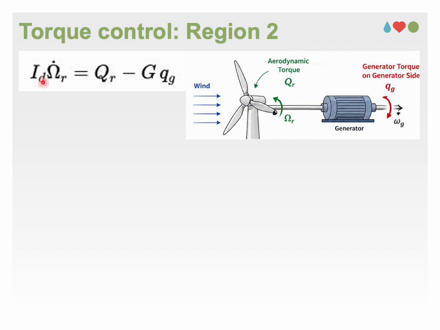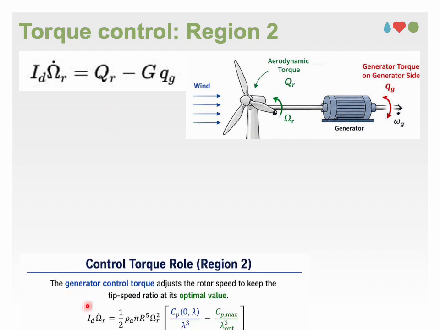In the absence of loss mechanisms, including, for example, losses in the gear transmission system for the rotor generator system, as shown in this figure, we have this relation. Now, if we insert the aerodynamic torque at the optimal tip speed ratio and Qg for the optimal tip speed ratio condition estimated in the previous slide, we get the dynamic equilibrium of the rotor speed as shown in this equation, and then this equation.